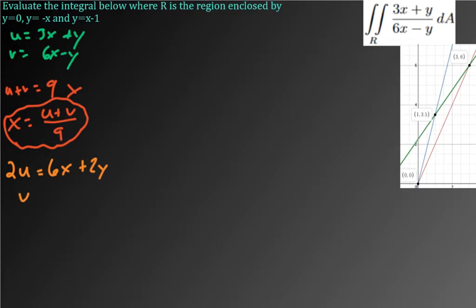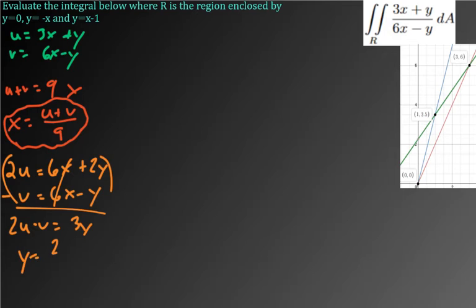And then I'm just going to copy this down here. So basically, I'm going to subtract these two things, all right? I'll get 2u minus v, that'll be gone, and then 2y plus another y is 3y. So y is equal to (2u minus v) over 3. So that will also be useful.